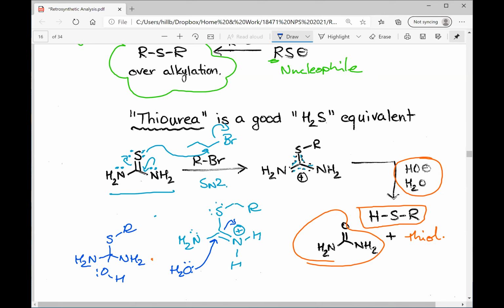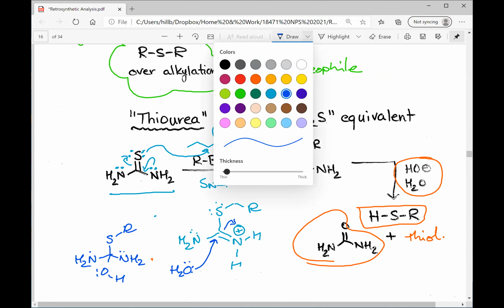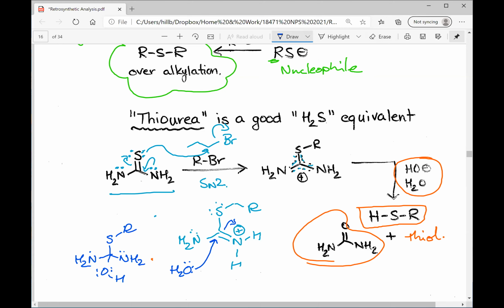So you'd have this. Then you could do this two ways, I guess, since it's under basic conditions. We would want to deprotonate our most acidic proton, which would be this one. And then the negative charge would push out the leaving group.